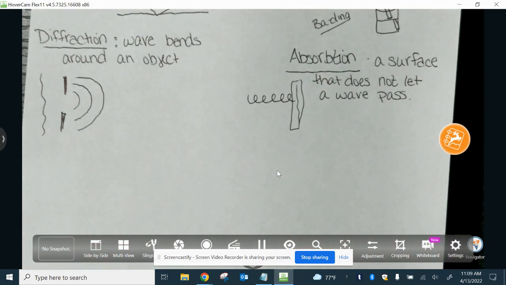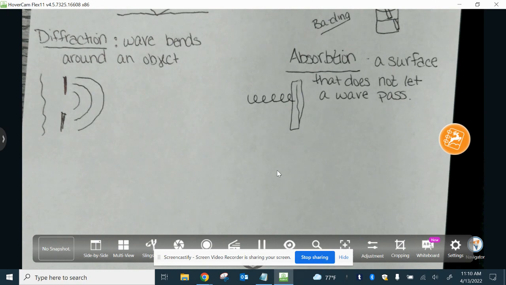The absorption of things like waves is going to be different. So we have curtains to block out sound. We build big walls. If you have a neighborhood that's by a freeway, a lot of times your neighborhood will pay to put up a big wall that's going to absorb the freeway traffic, because no one actually wants to live by that.